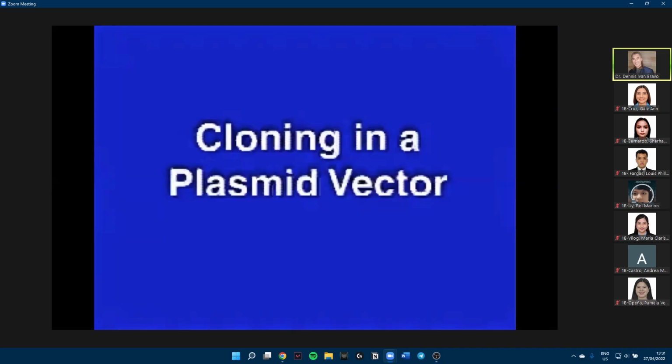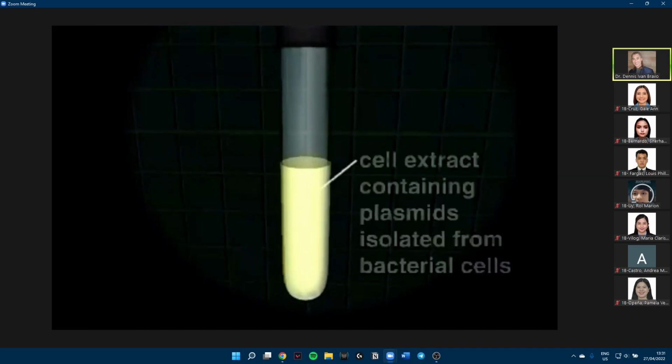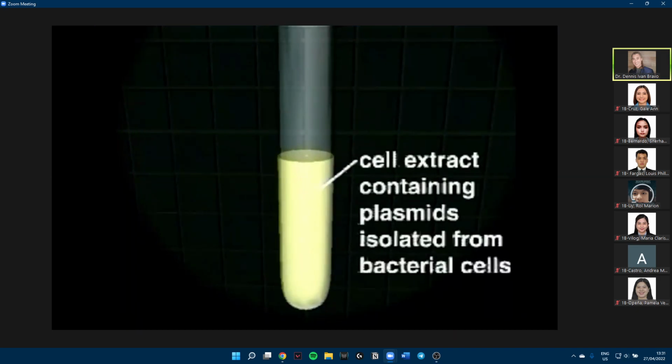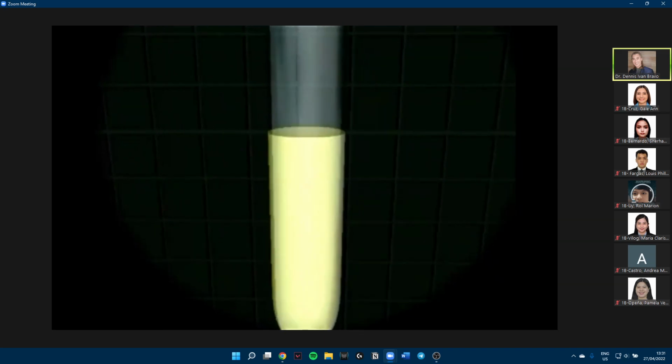This is a simple video animation that illustrates what we have discussed so far. So this test tube now contains the plasmids that will act as the vector.